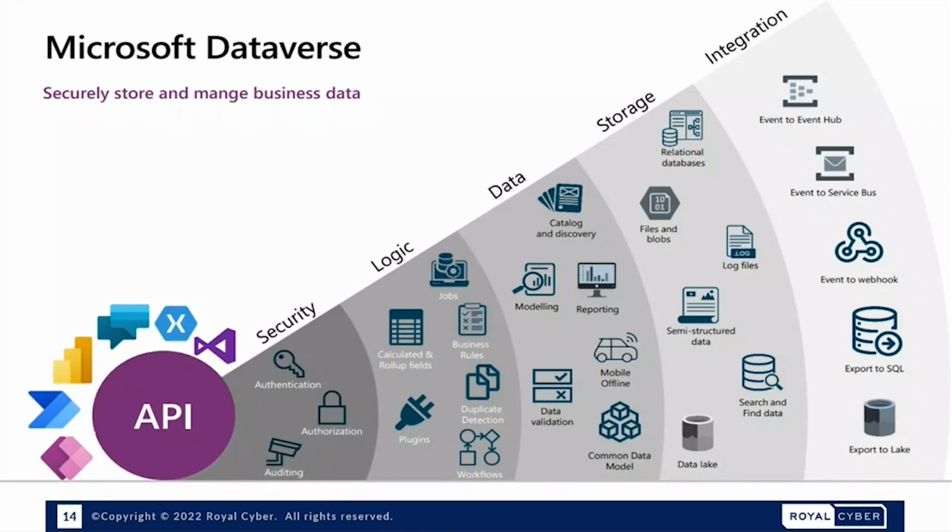As you see in the picture, there are relational databases, log files, and data lakes, all in a single unit. With it we can also implement security, authorization, and authentication through the APIs.